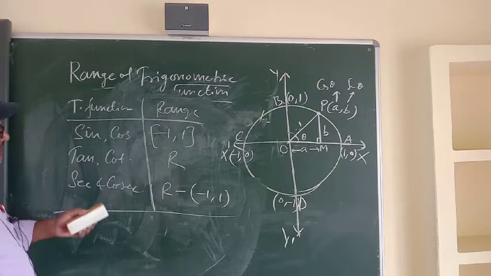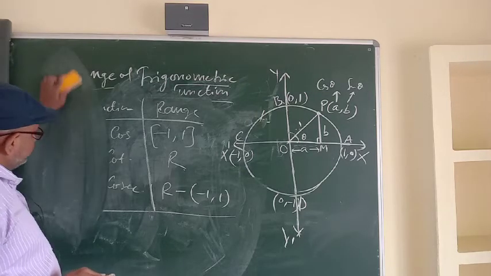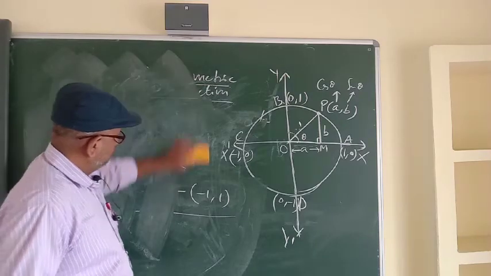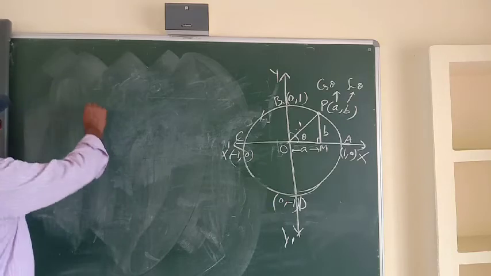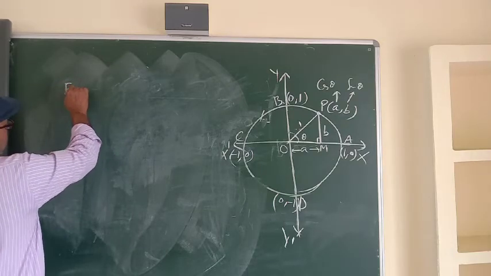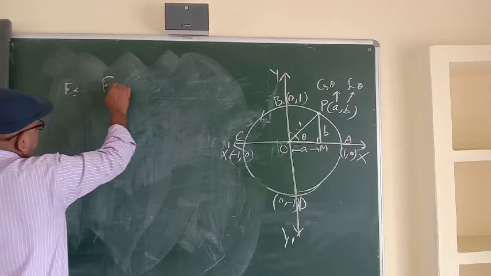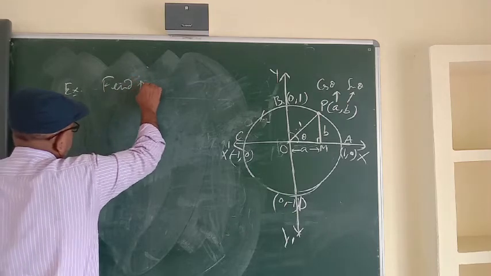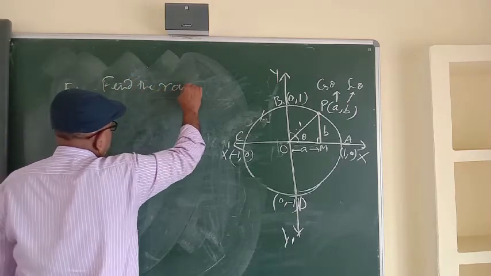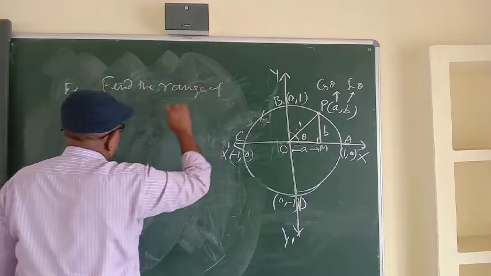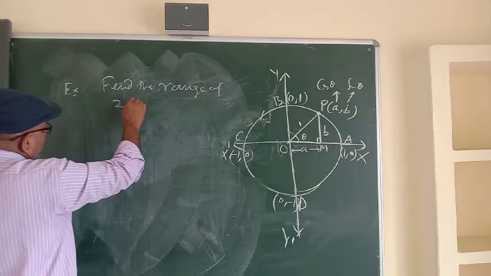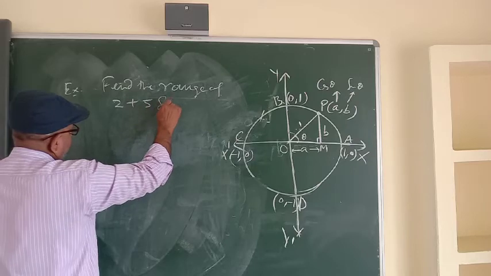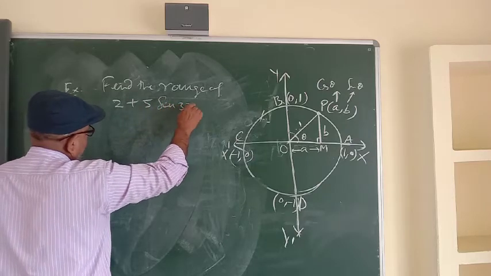Let us see one example. Find the range of 2 plus 5 sine 3x.